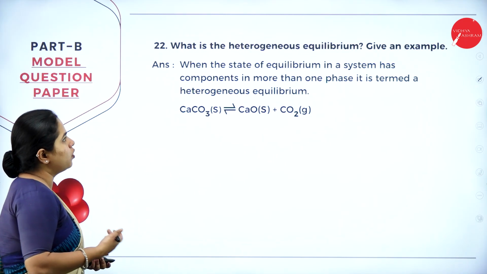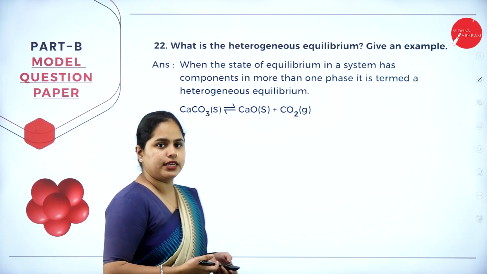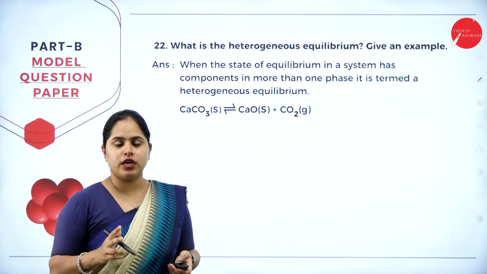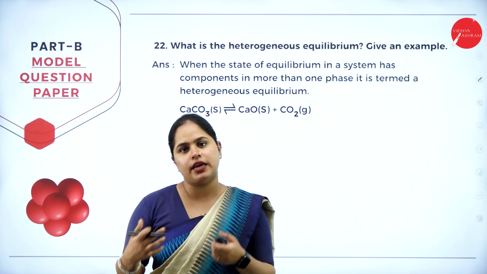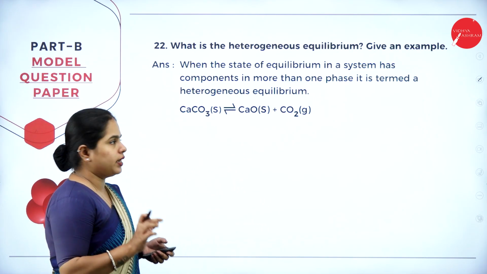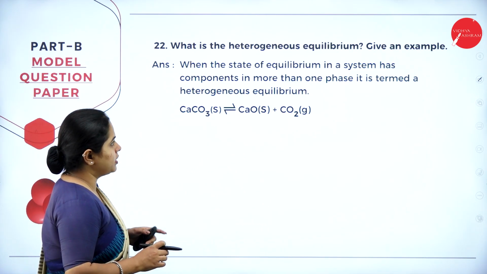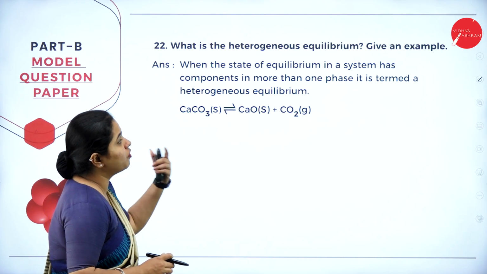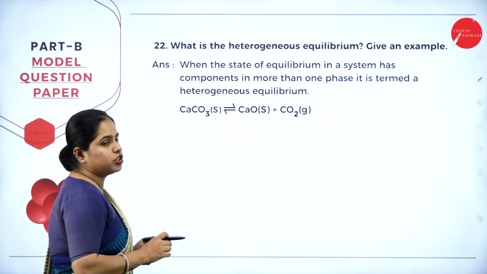Moving on to the next question: what is heterogeneous equilibrium? Give an example. We have studied 2 types of equilibrium, homogeneous equilibrium and heterogeneous equilibrium. When the state of equilibrium has components in more than one phase, it is termed heterogeneous equilibrium.